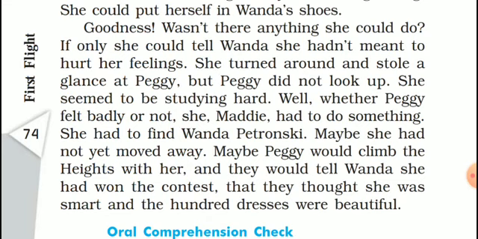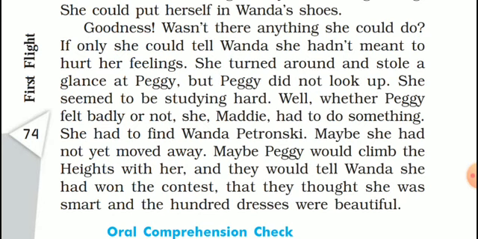Now, over here, Maddie is feeling really very guilty and bad that she was also part of making fun of Wanda. She did not do it purposefully, but she hadn't stopped Peggy from doing the same thing. To clear her guilt, she decided that there might be a chance that Wanda had not moved away.